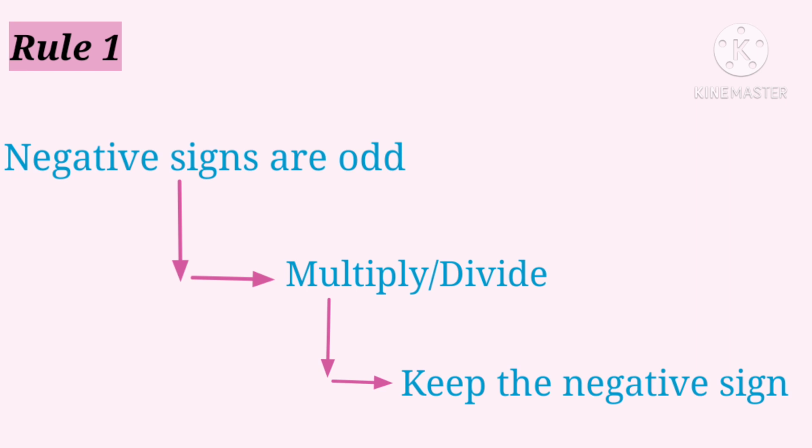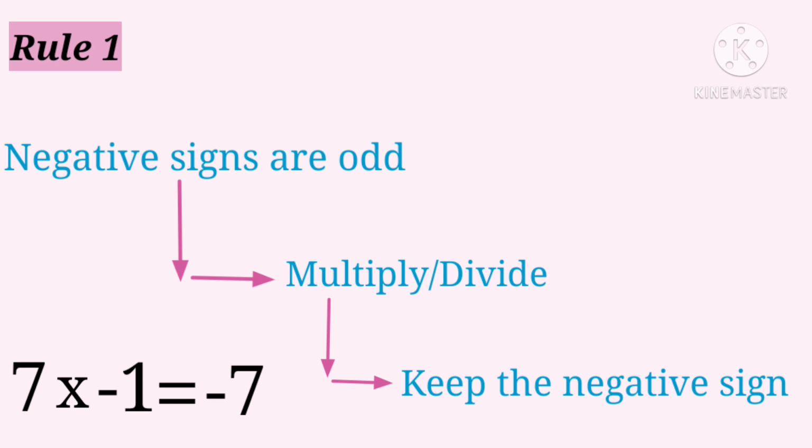For example, 7 times -1. The 7 is positive and the 1 is negative. This means we have an odd number of negative signs. So we simply multiply both numbers and keep the negative sign, and 7 times -1 will result in -7.